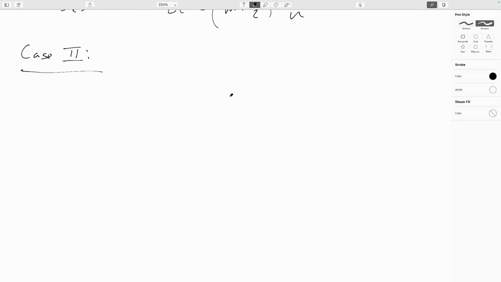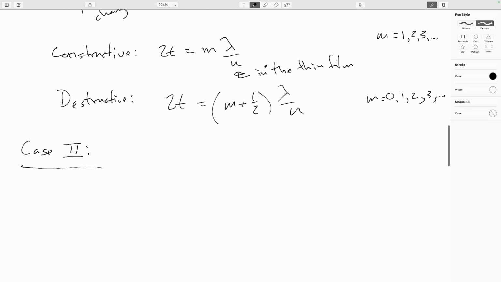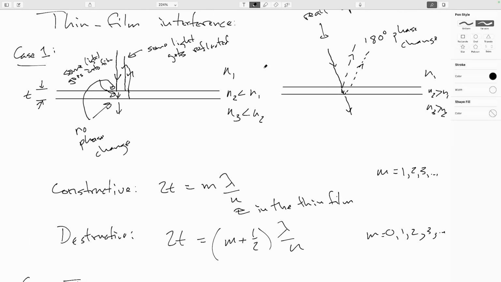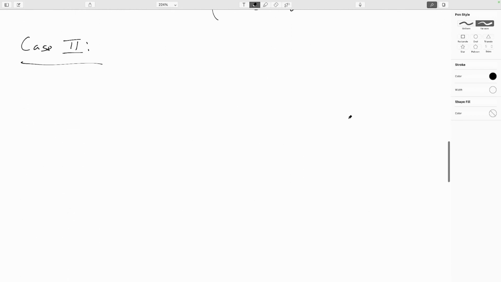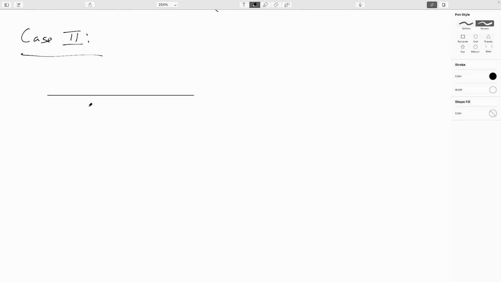Case 1 is when you had either no phase change or both surfaces had a phase change. Case 2 is going to be a case where one surface has a phase change and the other one does not. So the two possibilities here would be, again, we'll say that the thickness of the film is T.